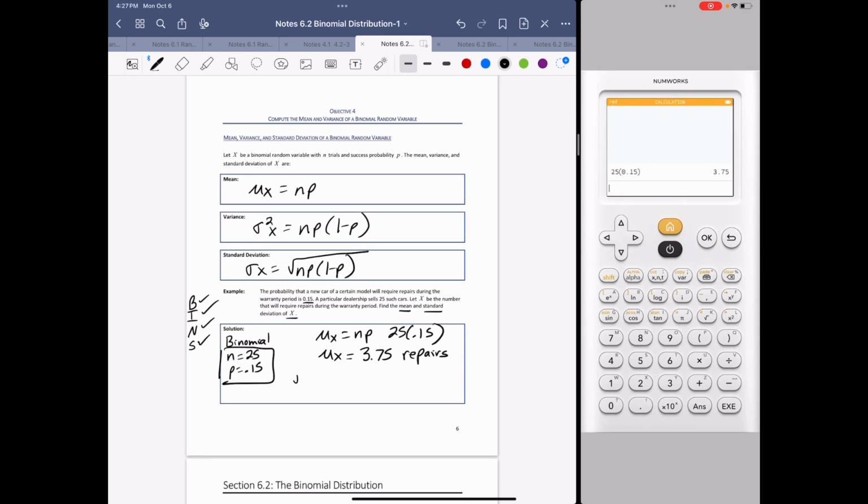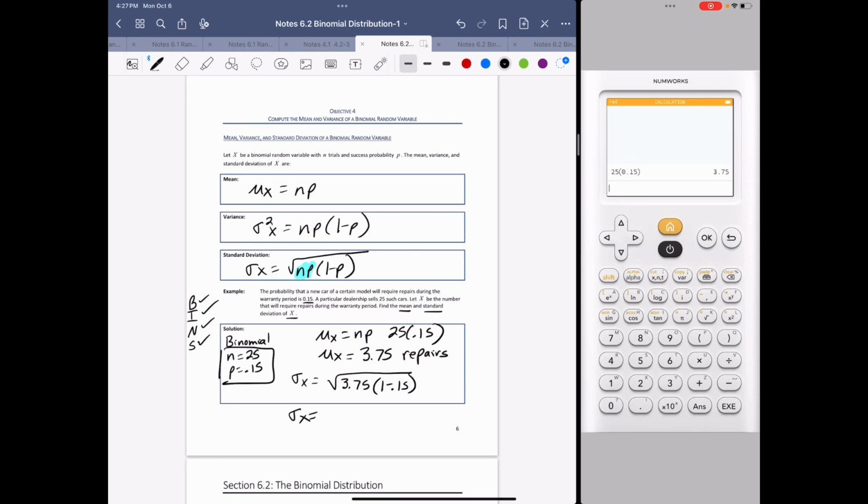And the standard deviation of X is the square root. Now, when you look at the formula, it asks you for NP. I already know NP. NP is 3.75. So I'm going to put 3.75 times 1 minus P, 1 minus 0.15.